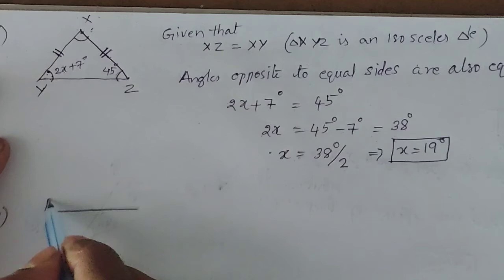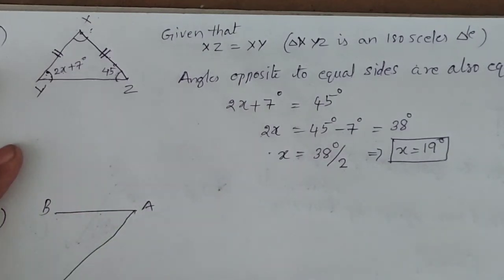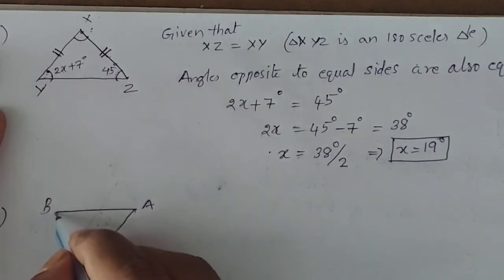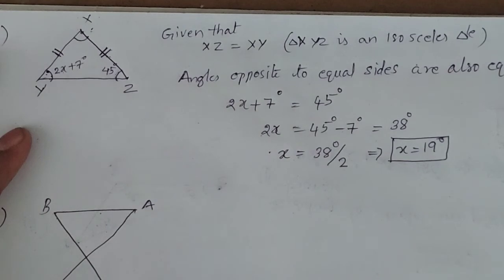So this is B and this is A, and the second one is BD. So AC and BD, and join these two.